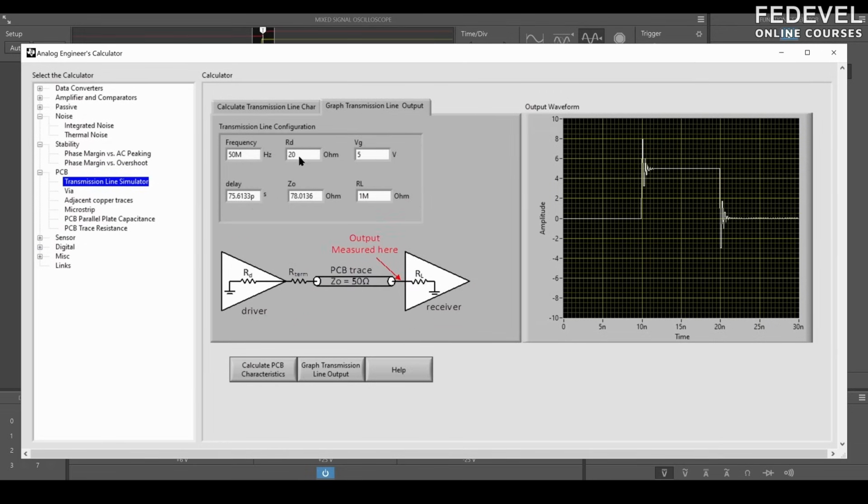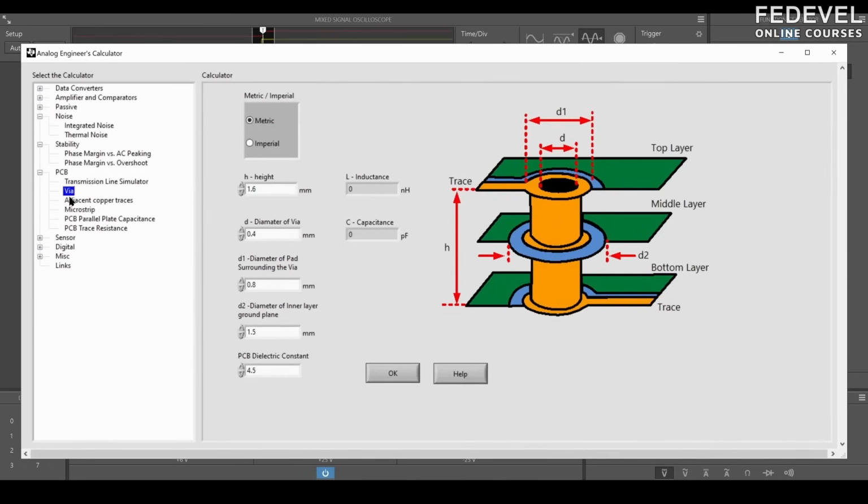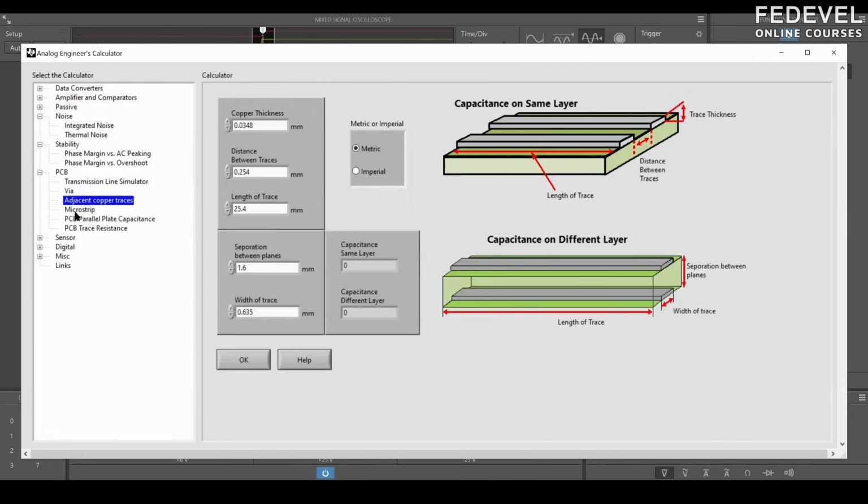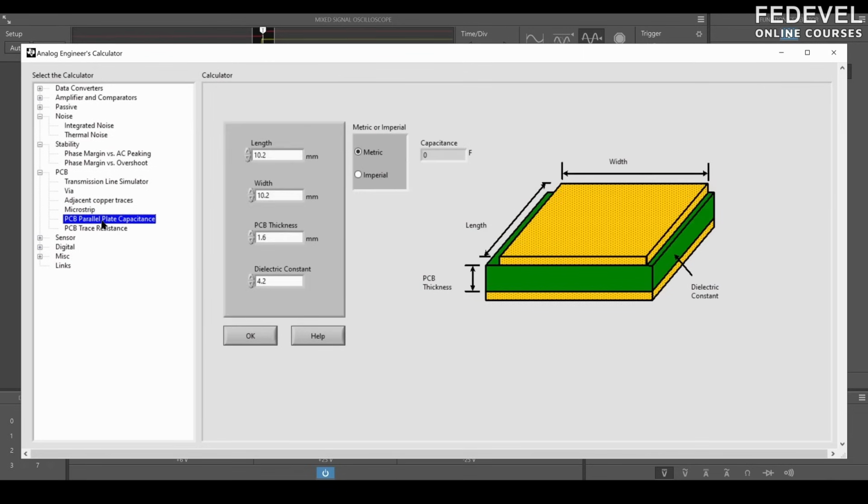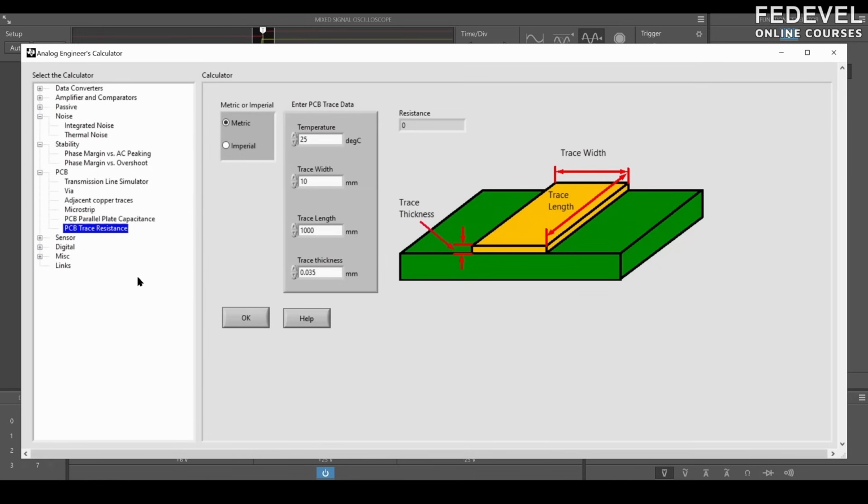And you can adjust the various different parameters via inductance and capacitance, parallel traces, microstrip, PC board, parallel plate capacitance, and the trace resistance.